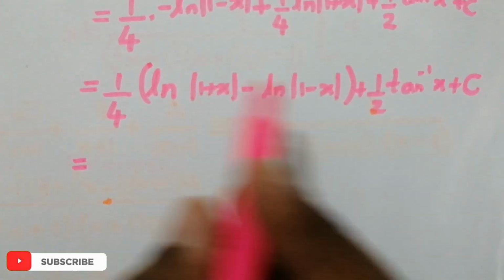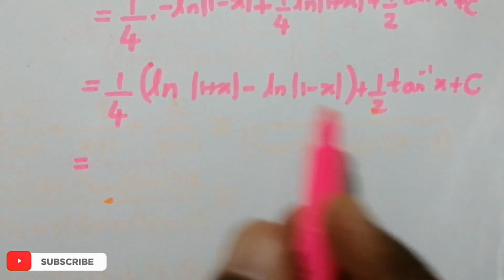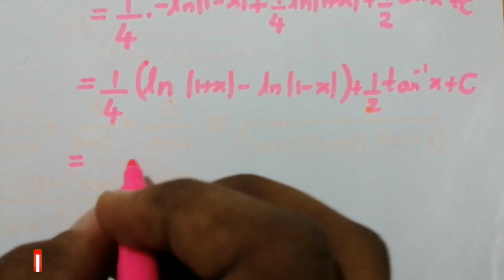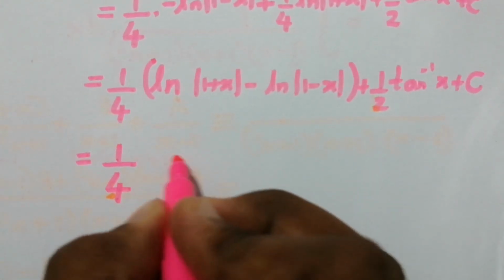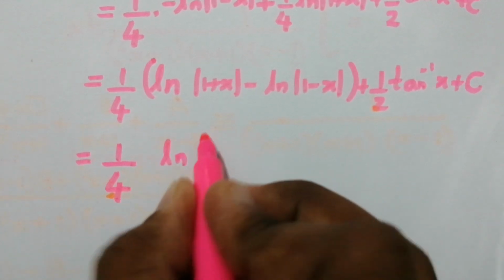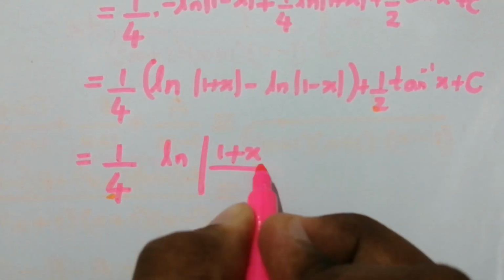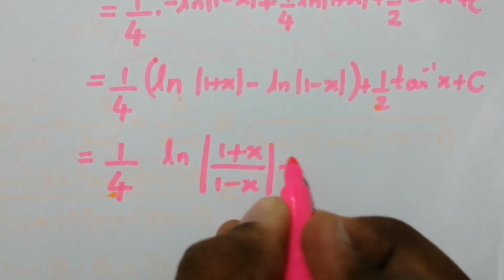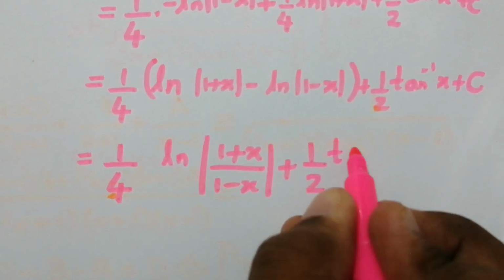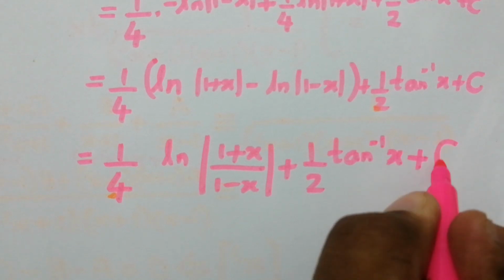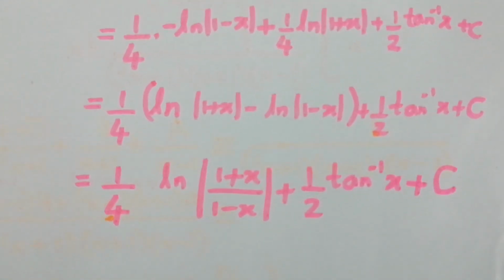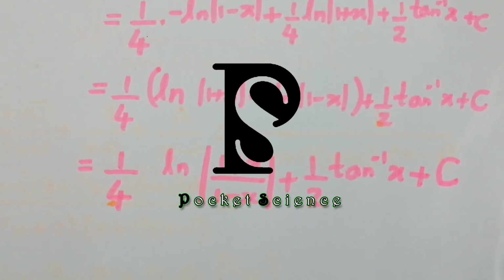Here both the logarithmic functions are getting subtracted. Then I can write it as a ratio: 1 upon 4 times ln of (1 plus x) upon (1 minus x) plus half times tan inverse x plus c. This is the integral of the question.